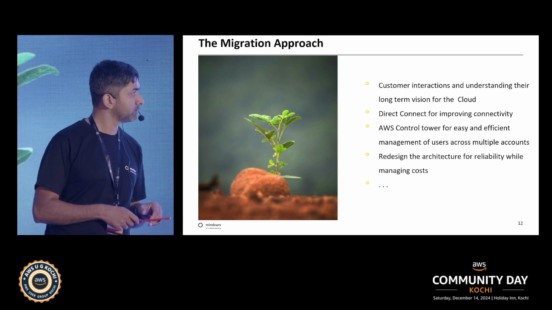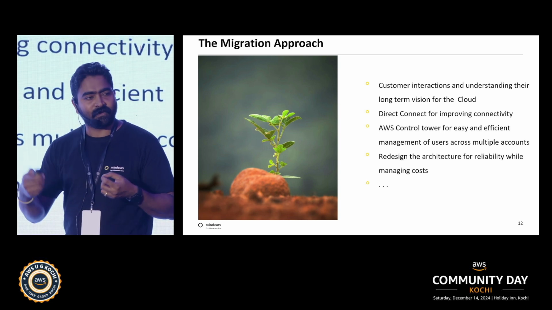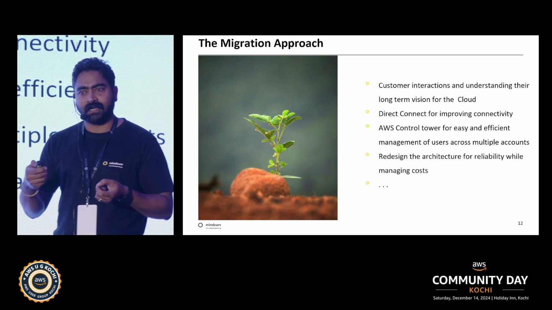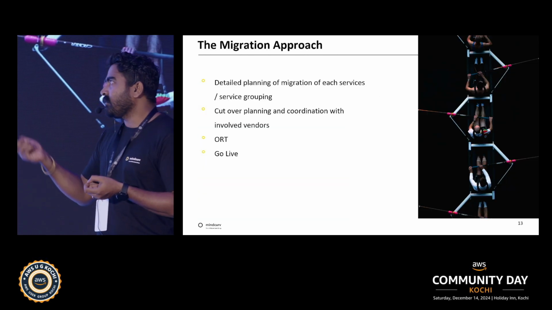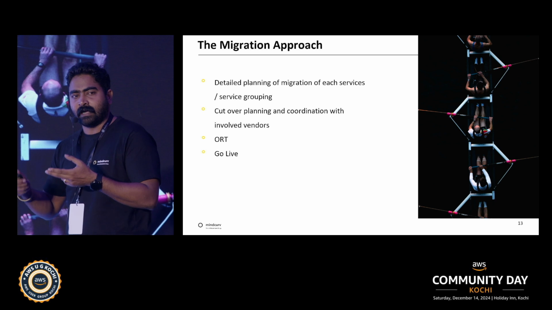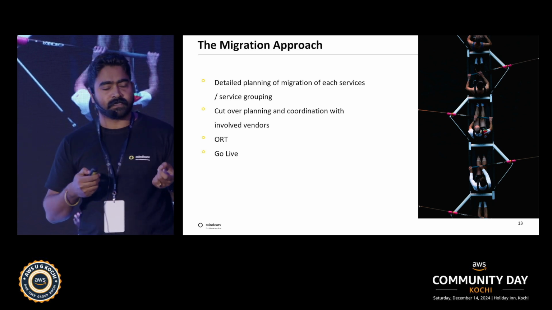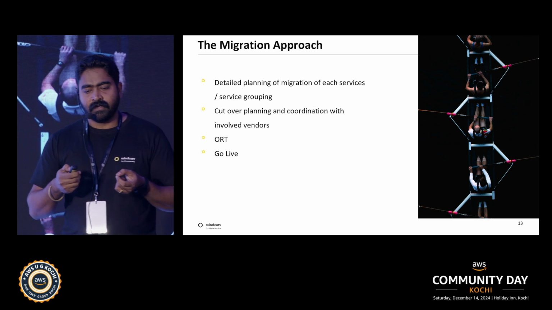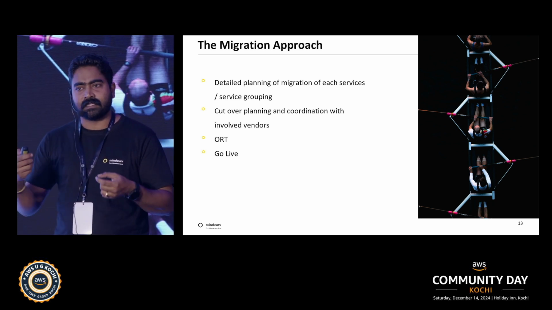Yes, we have seen how to reduce the cost in the previous sections, so we have to explore the cost side as well, and ensure that the customer's pocket is not torn when we are making infrastructural changes. Along with this, while continuing the discussion of the migration approach, we did a detailed planning of the migration of each service. You can reach the same goal in different ways. There are always different paths to achieve the same goal.